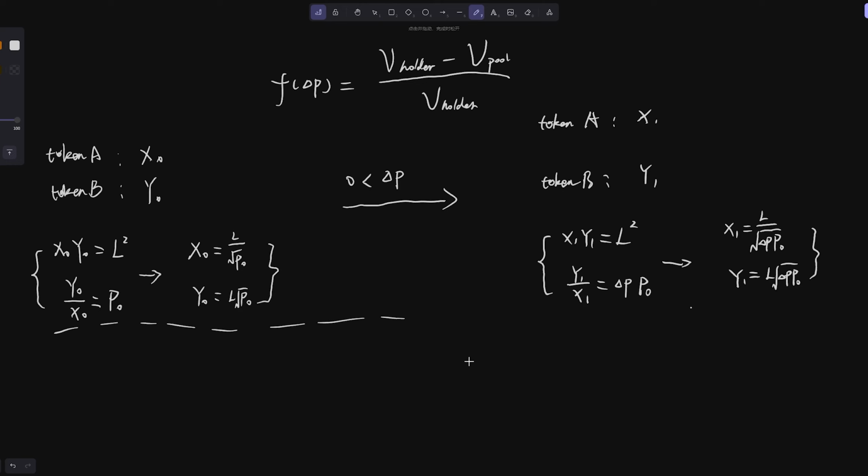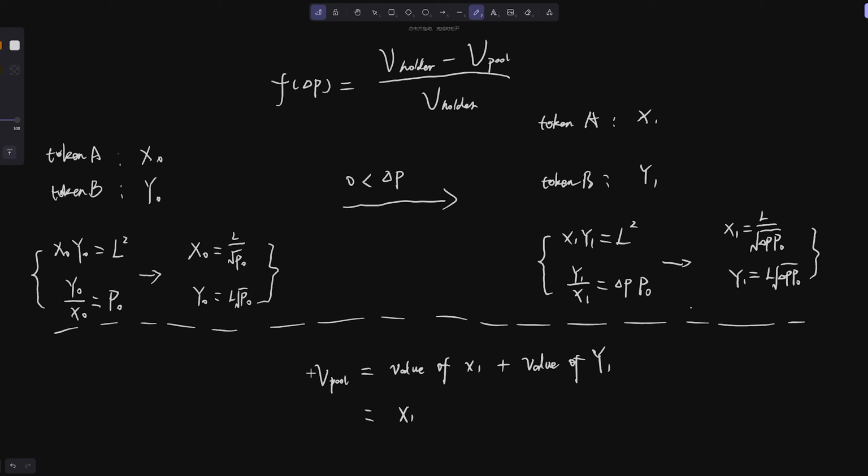Let's start to calculate V pool and V holder. V pool equals value of x1 plus value of y1.